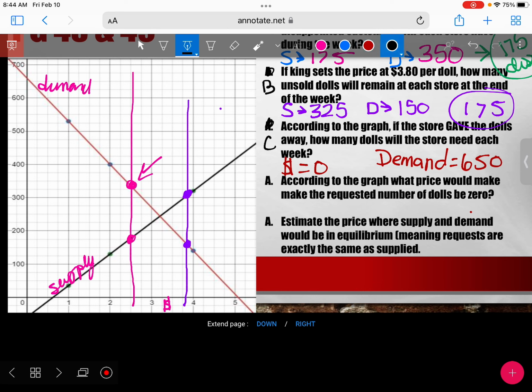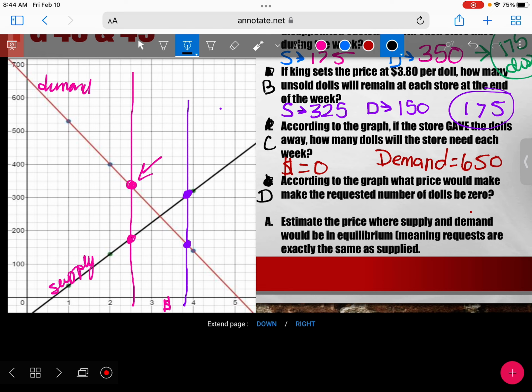So question D is worded badly in your book. So I've reworded it on my screen. It says, what price is so high nobody wants it anymore? So what price is so high that the demand is 0?